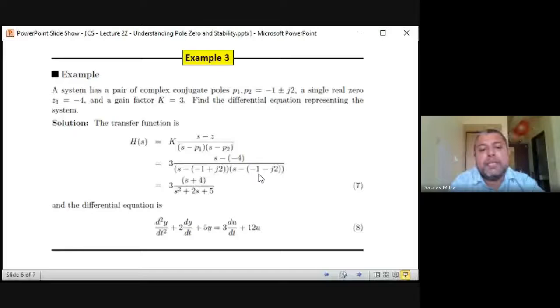Denominator is S minus P: for P1 minus 1 plus j2, and for P2 minus 1 minus j2. Whenever you mix everything, you find 3 into (S plus 4) divided by (S square plus 2S plus 5). This is equal to H(S), this is equal to Y(S) by X(S).